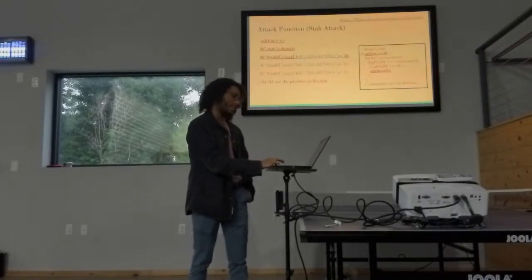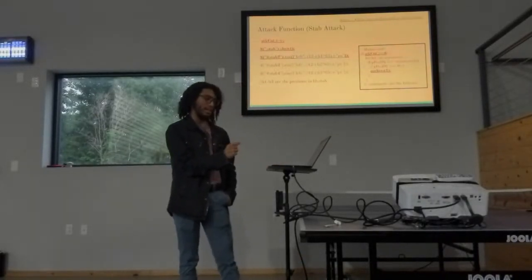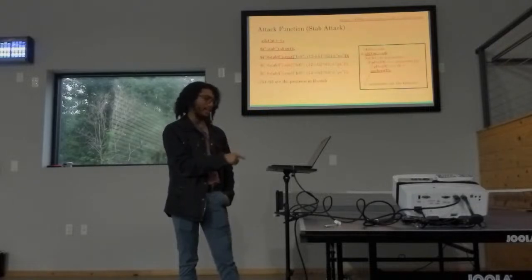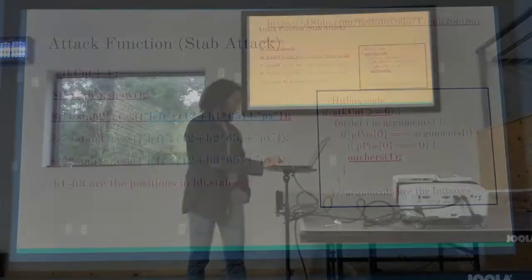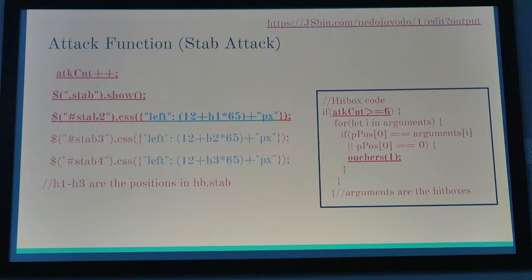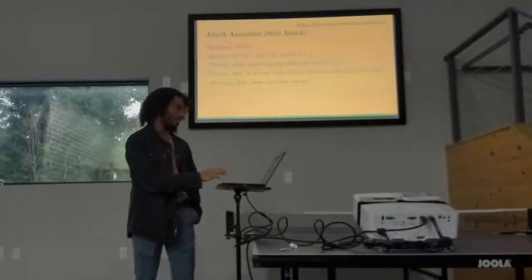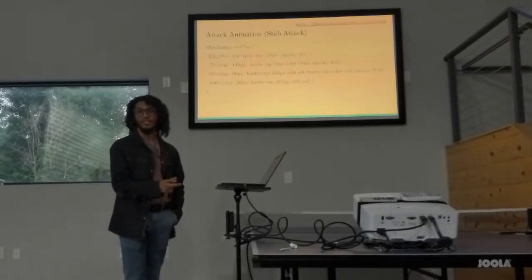And this is just the hitbox code to detect that you're in the certain area to be hit by the attack. The stab attack itself has a set of triangles that will show up, the show function, and they're moved with the .css, the jQuery, to make sure they're in the right spots visually. This is the animation code from CSS.